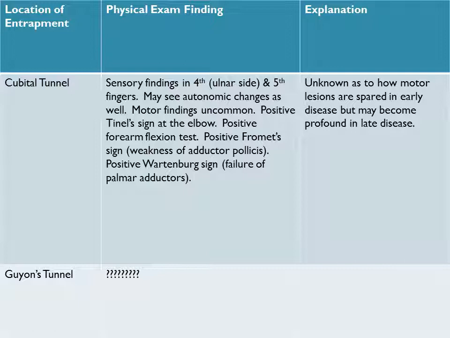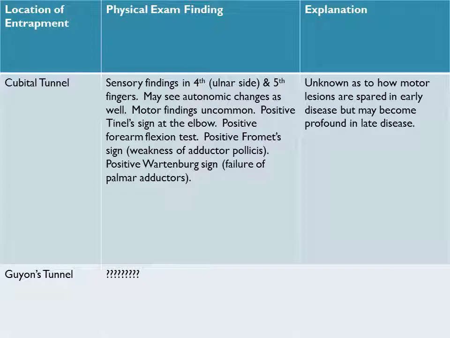On physical exam, we're going to have a positive Tinel sign at the elbow, which is a tapping over the ulnar nerve, will give a sensory distribution of pain, numbness, and or tingling. And we're going to have a positive forearm flexion test.